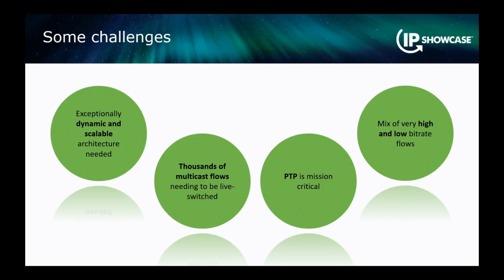And we have to be able to balance the traffic across the network in order to have a decent use of the network as well. As we heard in the last presentation, PTP, mission critical. So we need to make sure that we select and design the network so that PTP works, also with the redundancy aspect of it.